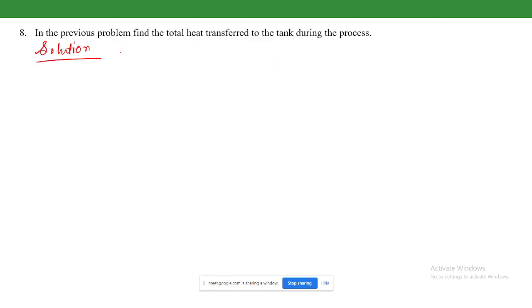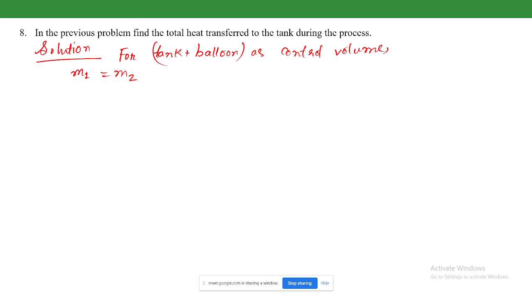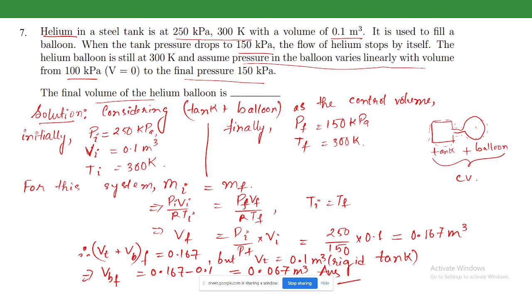Okay. So we can write it for this system, for tank plus balloon as control volume, m1 is equal to m2 that we have considered. I mean, mi is equal to mf. Since when we write the energy equation we have to denote the initial mass as 1, I am writing it as m1 now.